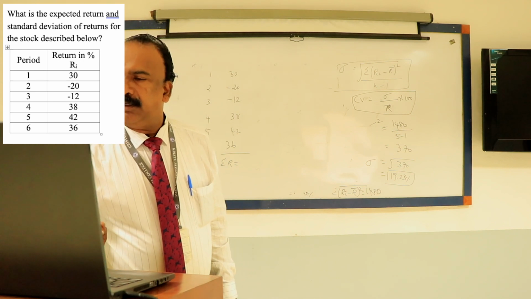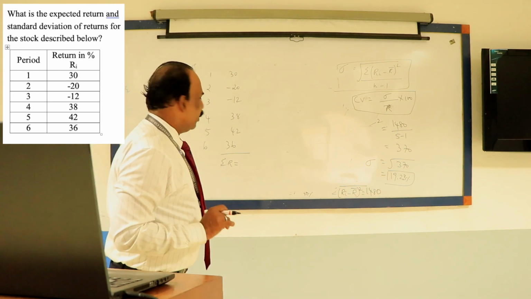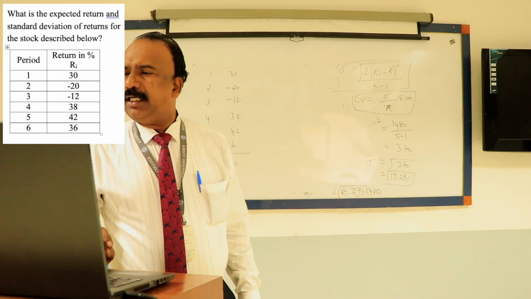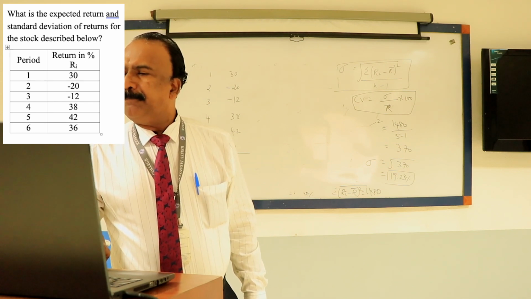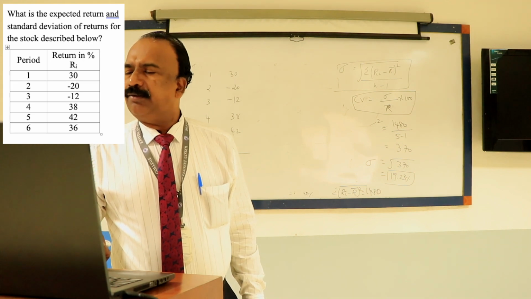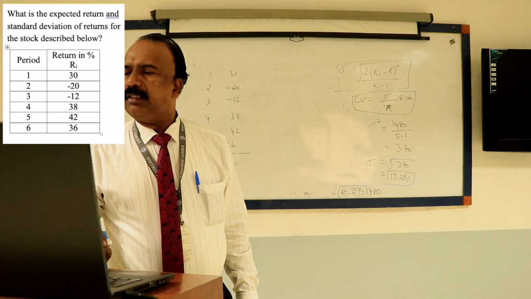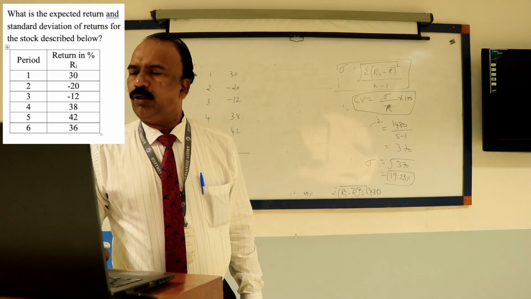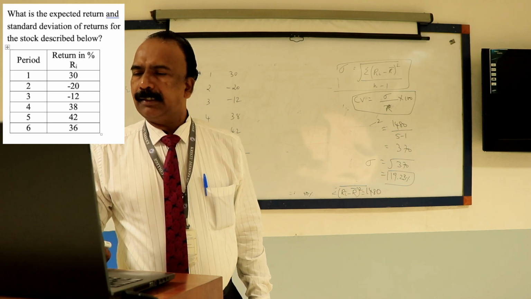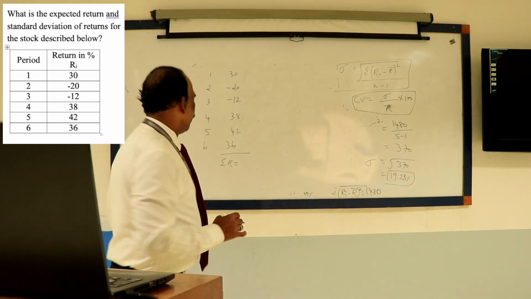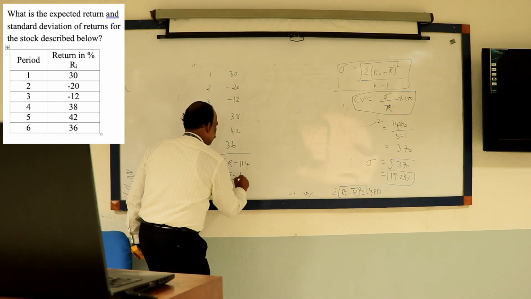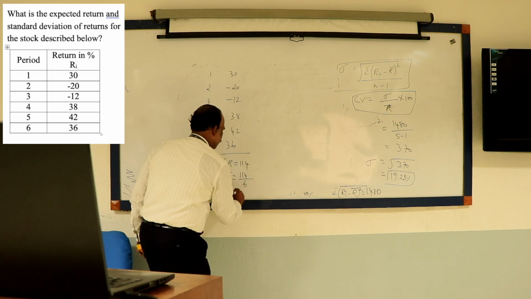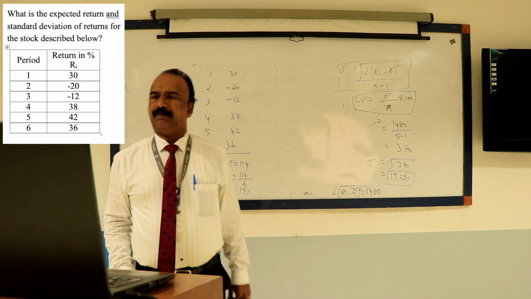Total return, how much? 114. So R bar is equal to 114 divided by 6. That is 19%. R bar is 19%.